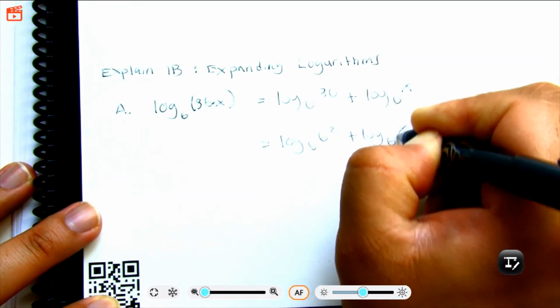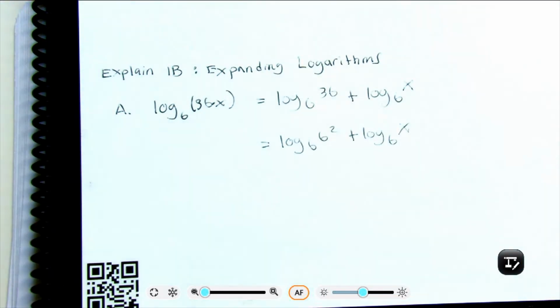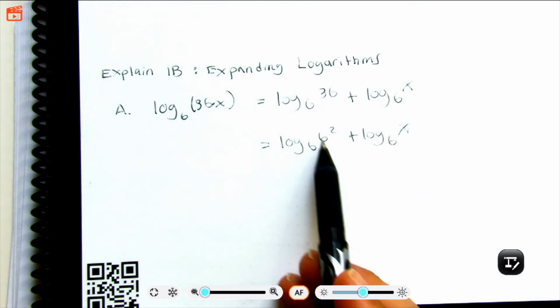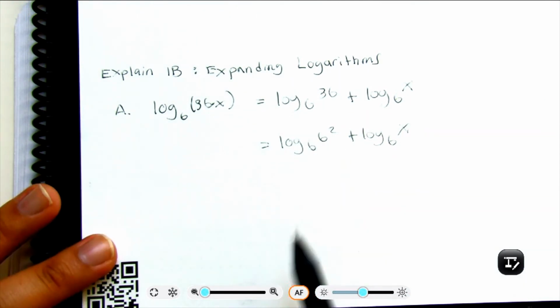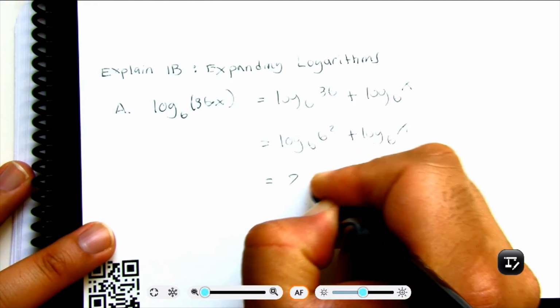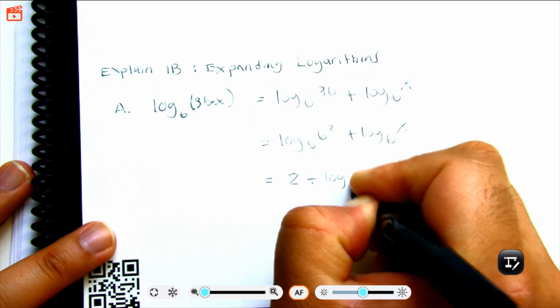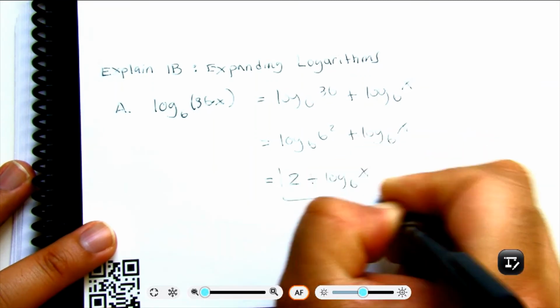Using a definition property, the log base 6 and the base 6 cancel each other out, and you're left with 2 plus log 6 x, and that is your expanded form.